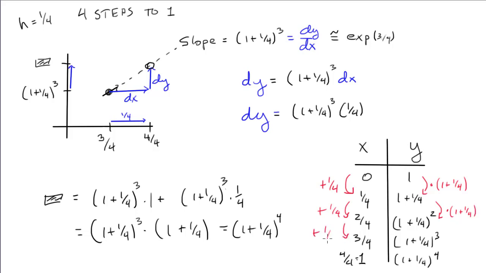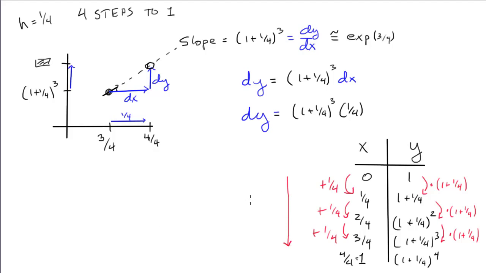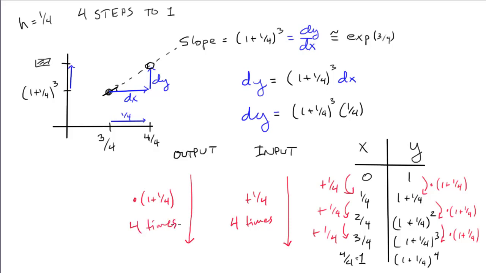Adding, multiplying. Successive multiplication, exponential growth. This is a key feature of exponential growth. So I'm adding in the input, and I'm multiplying in the output. Whenever you have this in any kind of data, this is exponential growth by definition.